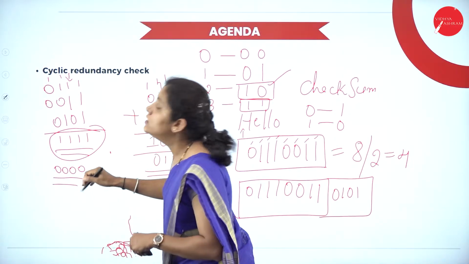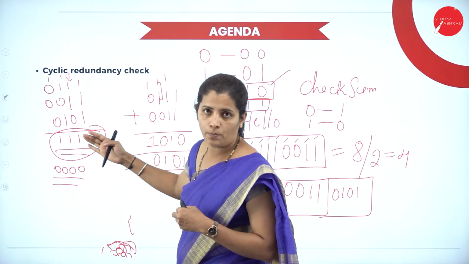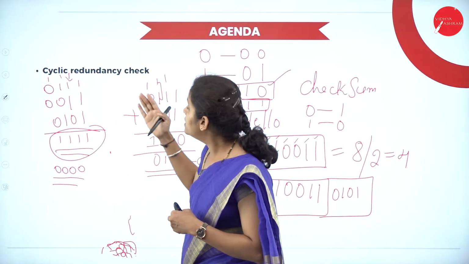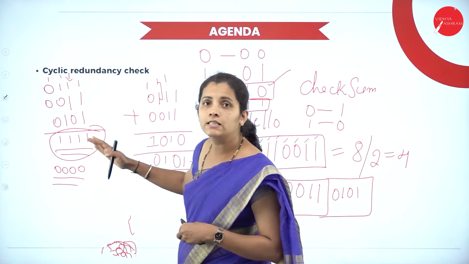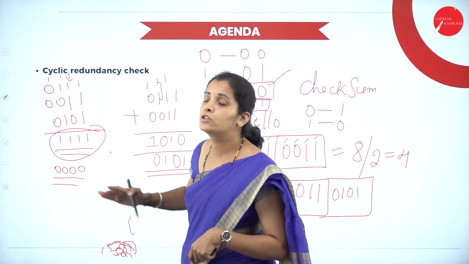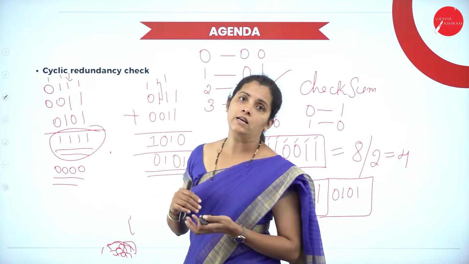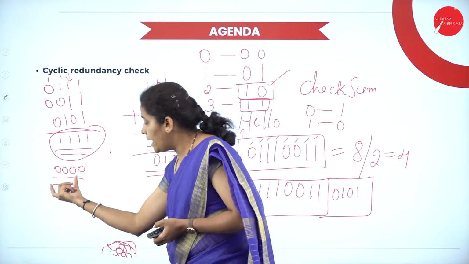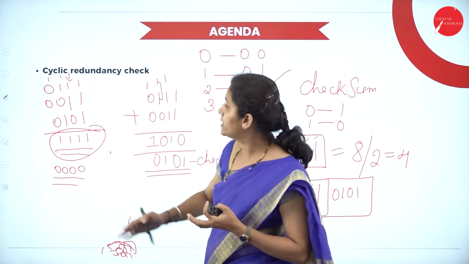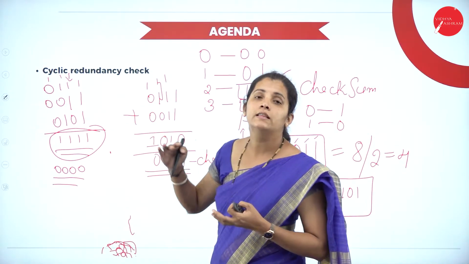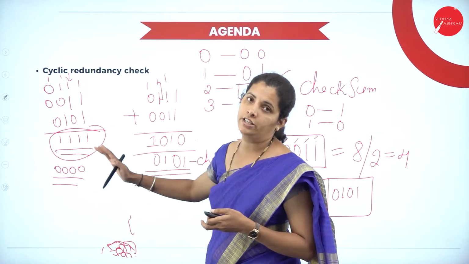So if the received or calculated checksum is 0, I repeat, if the calculated checksum is 0, then it indicates that there is no error or modification in the data they received. If the calculated bit value is 1, then it indicates that the data they have received is modified. So no need to accept the data, reject.